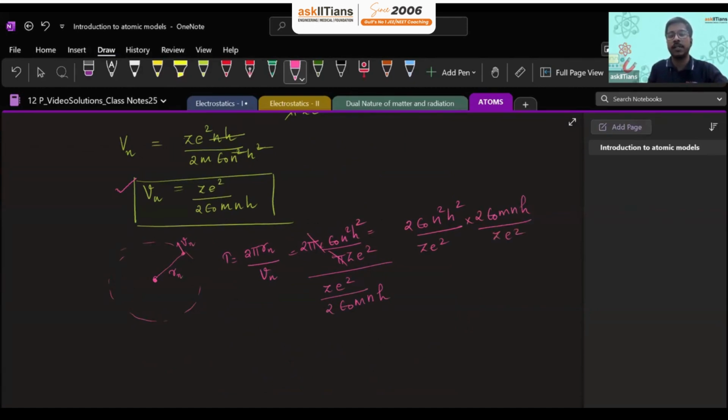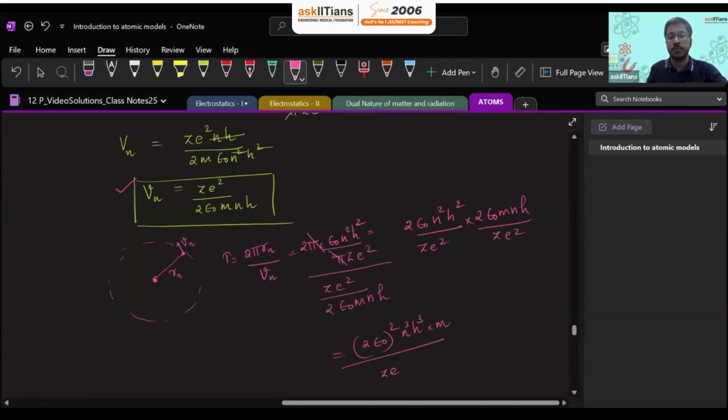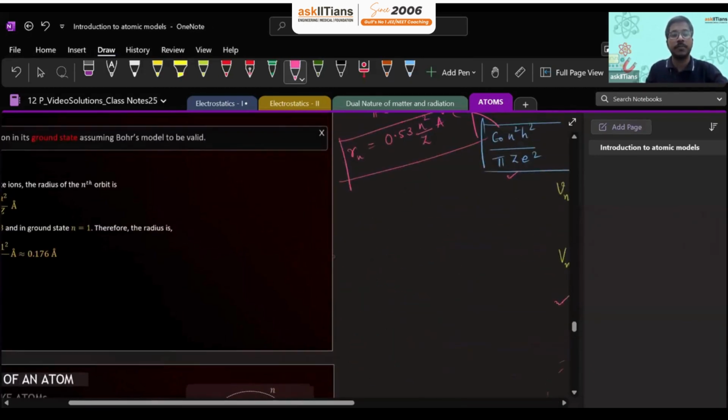So again the time period becomes 4 epsilon naught square n cube h cube divided by z e square whole square. Okay, this is the equation for time period.